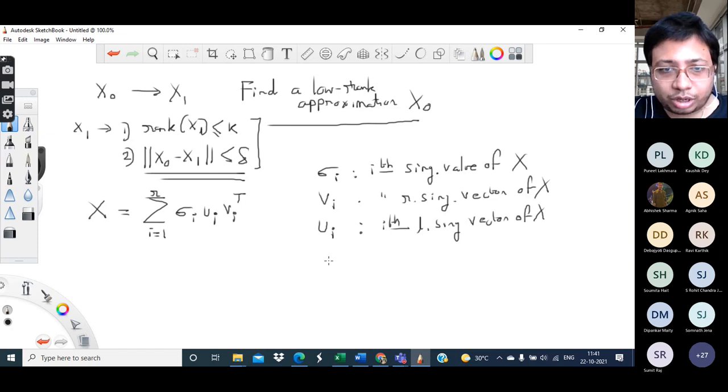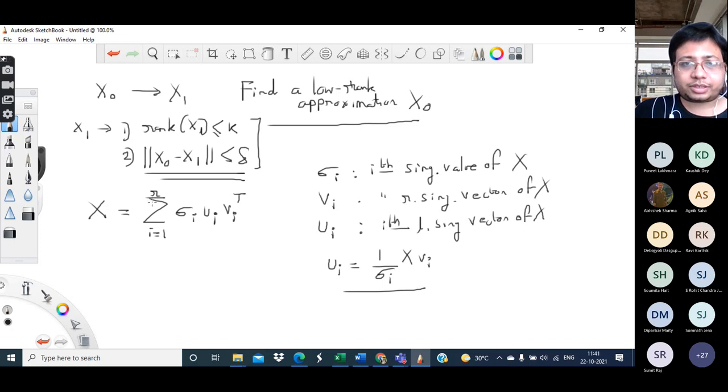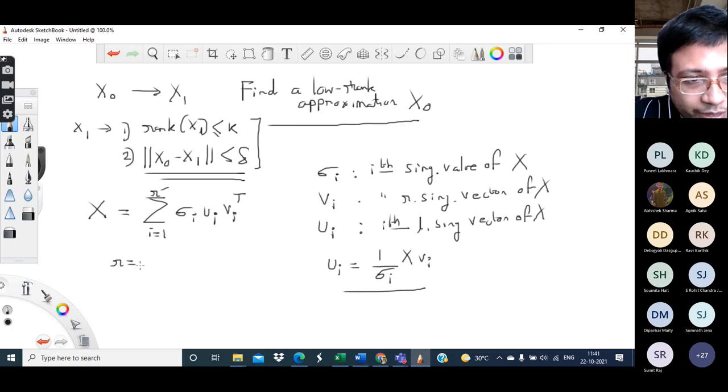Fine. In fact we had written down this relation also, that ui is nothing but 1 by sigma i times x into vi, right? This we have all discussed in the last two classes. And r is nothing but the rank of x.